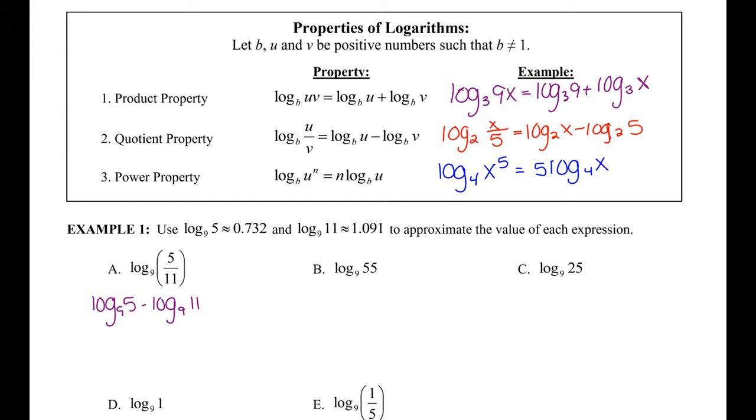Then I can replace them with their approximate values. So log base 9 of 5 was equal to 0.732 according to the problem, and log base 9 of 11 was 1.091, and if we perform that subtraction, we get negative 0.359 as our answer.